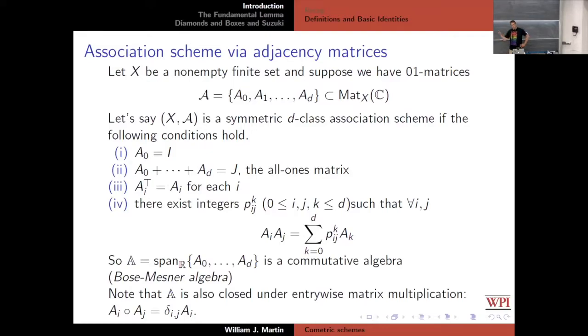And the vector space spanned by these is closed under matrix multiplication. Multiply Ai and Aj. It's a linear combination of the Ak's, and those are exactly the intersection numbers p_ij^k. So this algebra is the Bose-Mesner algebra, and because the Ai's are representing disjoint relations, the adjacency matrices have the property that Ai entry-wise Aj is 0 if i is not equal to j, and they're all Schur idempotents.